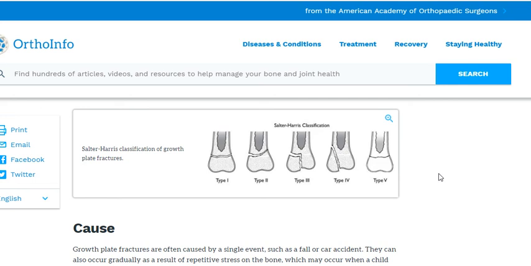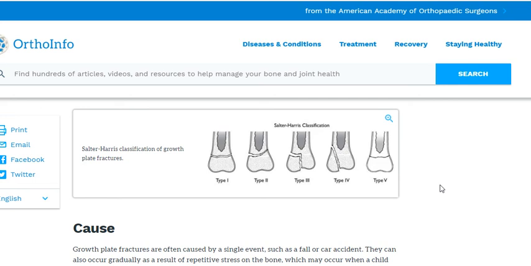The type 3 is where we have the fracture through the growth plate and the adjacent epiphysis. And this is an intra-articular fracture, and usually involves the ligamentous insertion of the bone. The type 4 involves the epiphysis, physeal growth plate and the metaphysis.